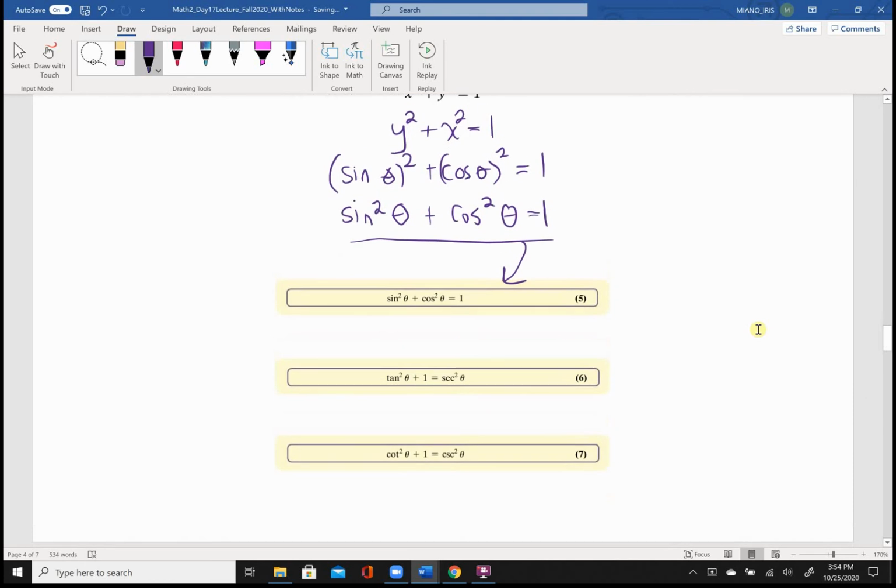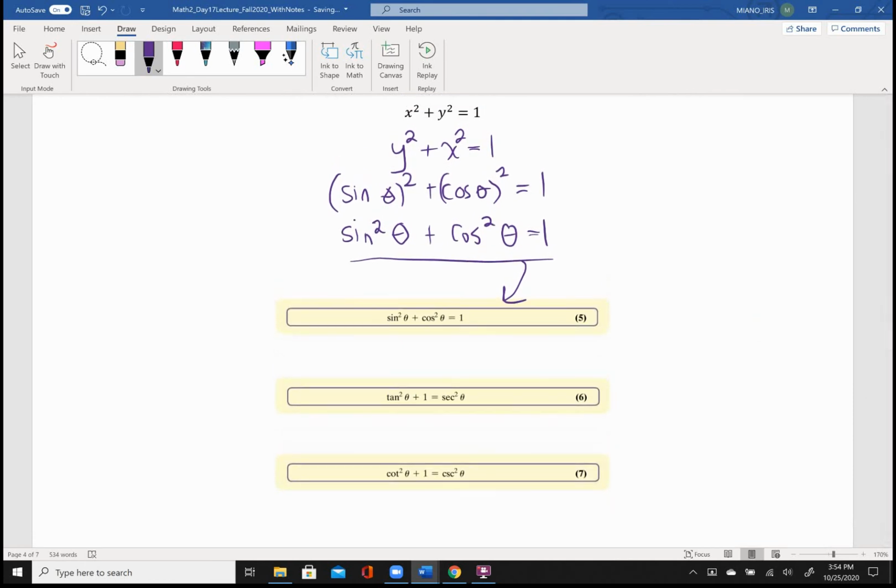And then you may notice further down on this page, there's a couple other ones that look kind of familiar but have different trig functions in them. How do you get these other ones? Well, it turns out if you take this equation 5, sine squared theta plus cosine squared theta, and if you divide both sides by cosine squared theta, you'll get this one.